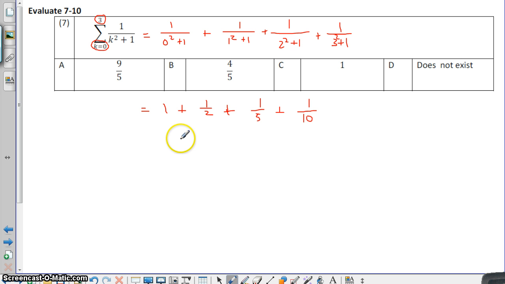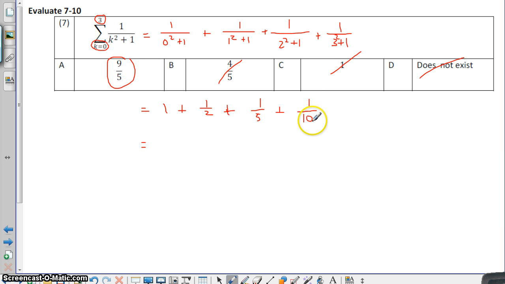So probably not a calculator. Notice how you have 1 plus these numbers, means it definitely is bigger than 1. Does not exist. If I look at these numbers, you definitely can add these up, so that's not it. By elimination, it's most likely 9/5, but let's double check.